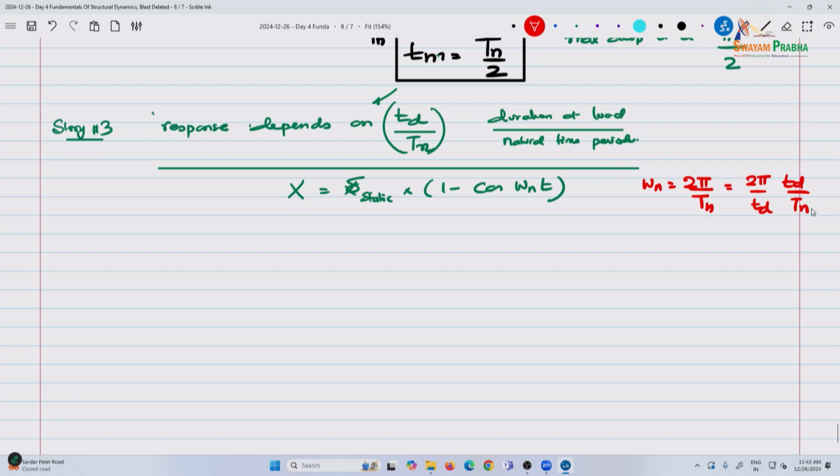No, thank you. If you were, I would have stopped right there. So, this is delta static multiplied by 1 minus cosine of 2 pi by Tn times t, right?